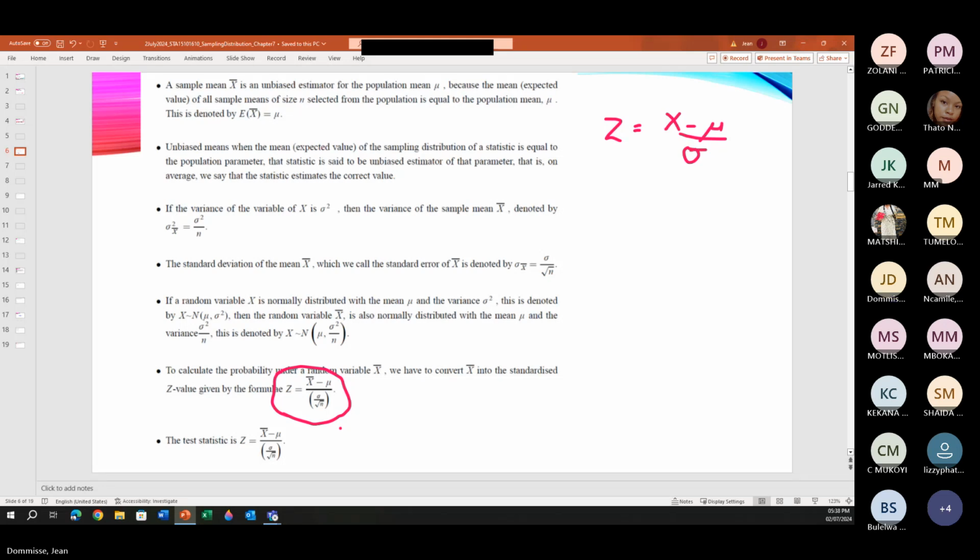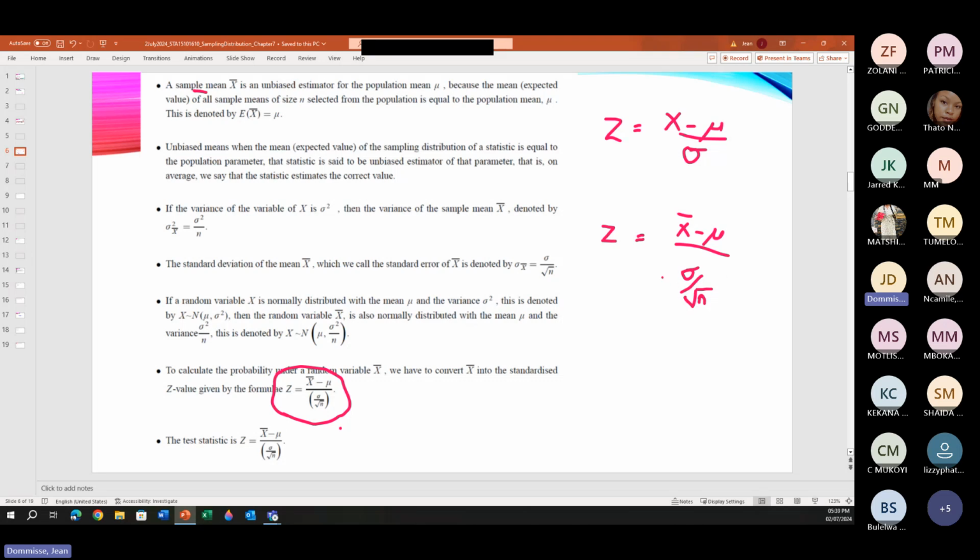But because we're working with a sample, there is a slight change, and that is where we bring in the sample size. We bring in your standard deviation divided by the square root of n.